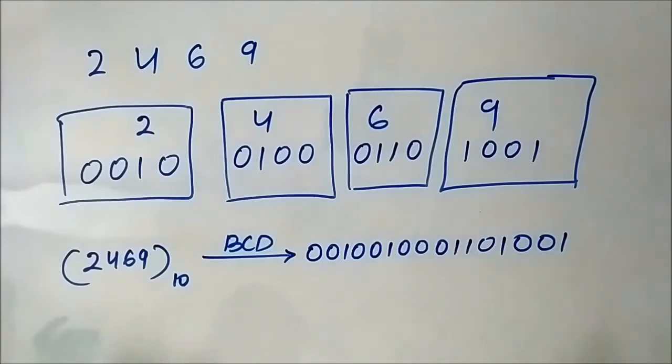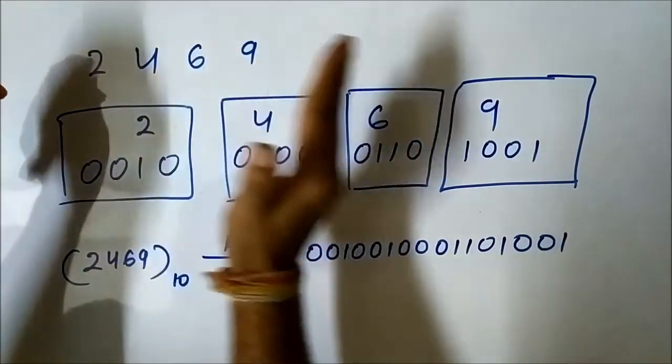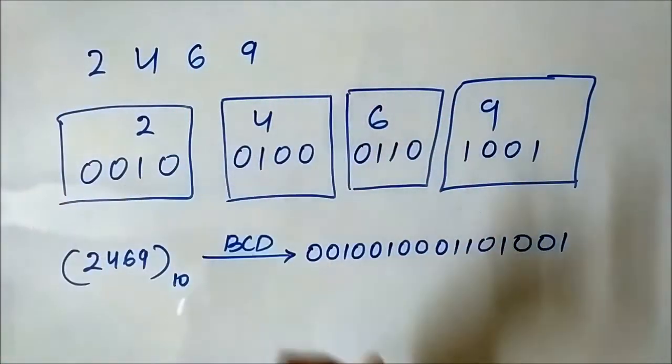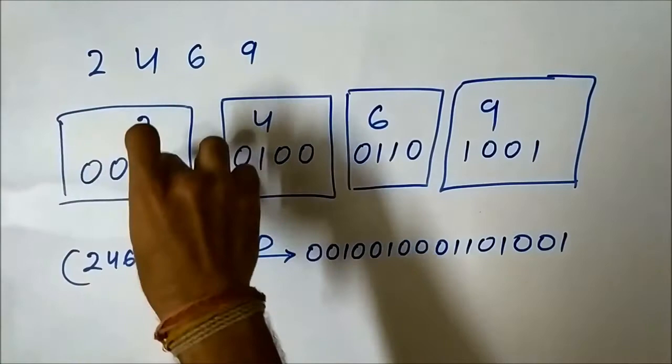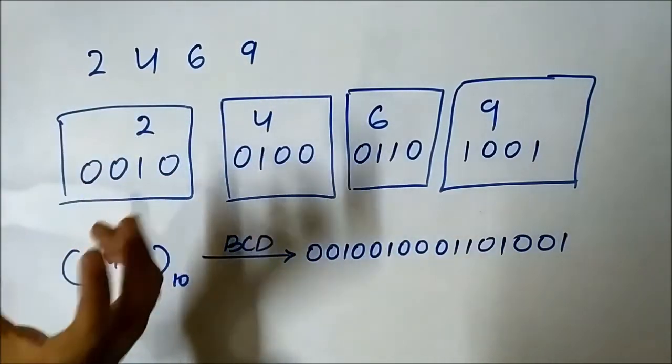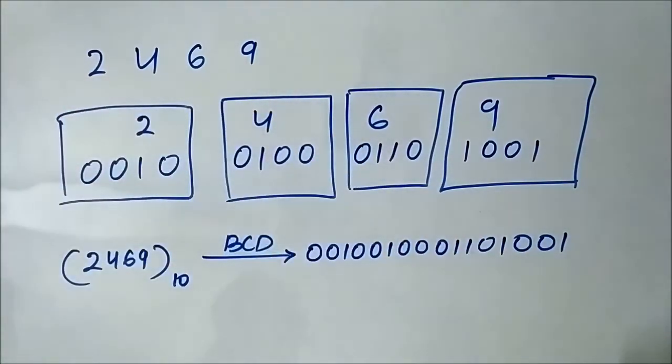So all you have to do is separate the individual decimal digits or symbols, write the 4-bit equivalent binary code for each of the decimal digits, and then combine them together. This is how you convert any given decimal number into binary coded decimal format.